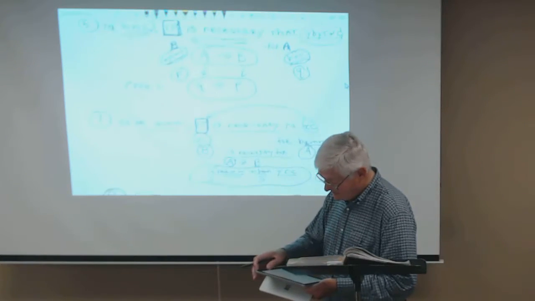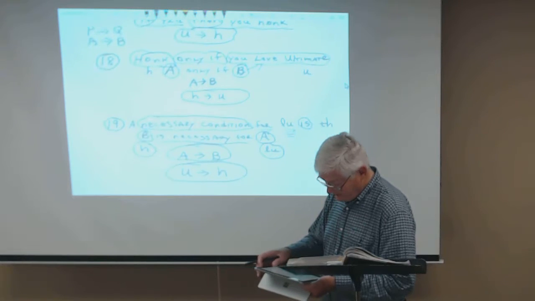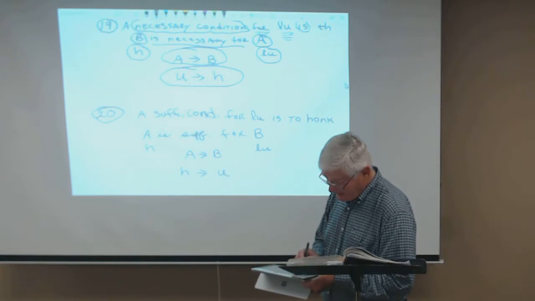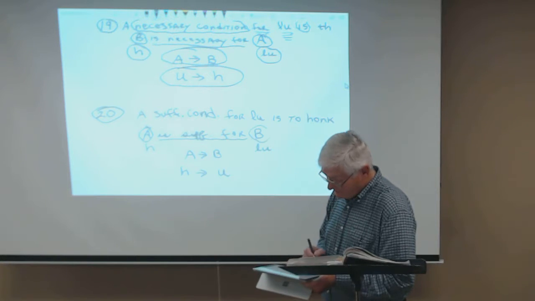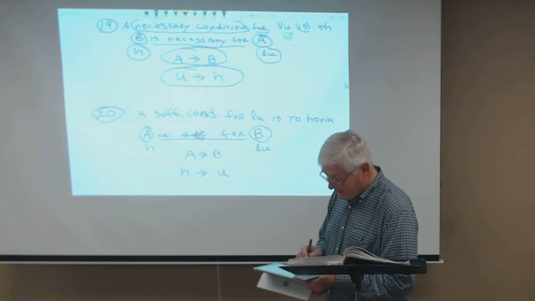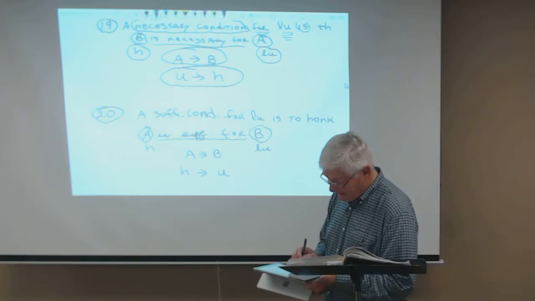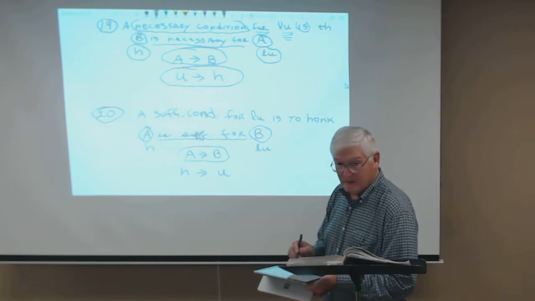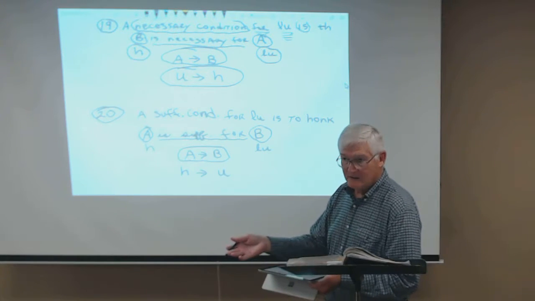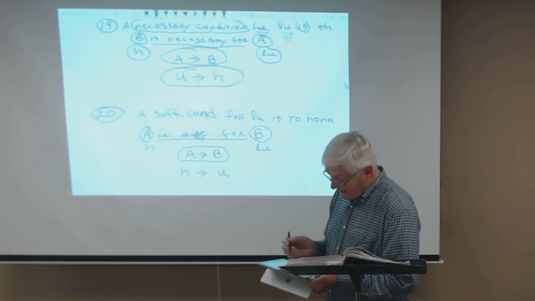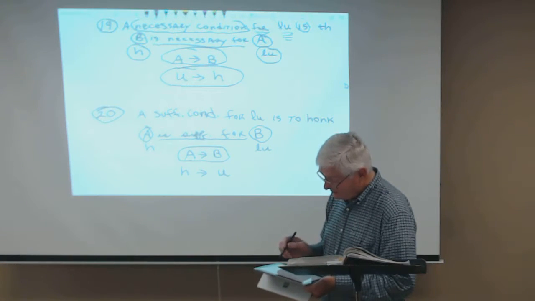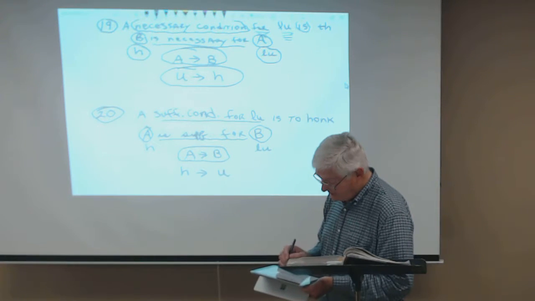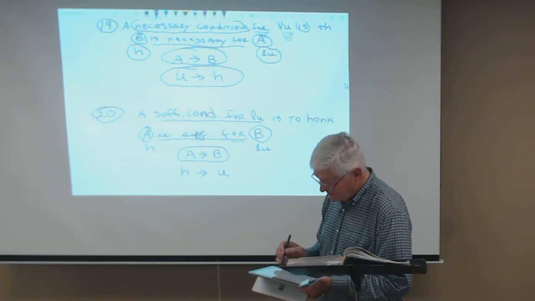So I come down here to problem 20 and I put A is sufficient for B. And that translates into if A then B, doesn't it? Remember from the other side of the chart? So now I have to decide what goes where. Where does honking go? A sufficient condition for loving ultimate. There it is, for loving ultimate.